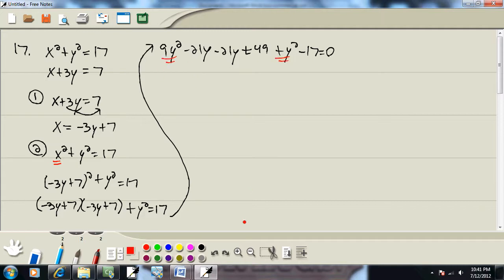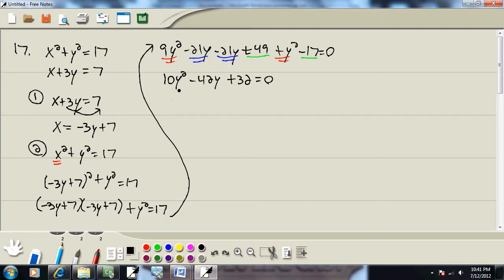We got 9y squared plus 1y squared gives us 10y squared. We got negative 21y and negative 21y. That gives us a negative 42y. And we got 49 minus 17, which gives us 32, equal to 0.